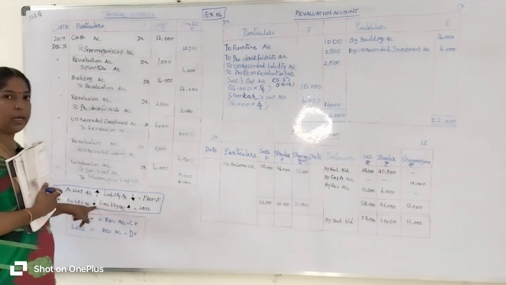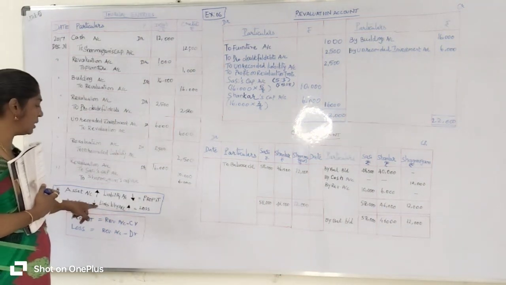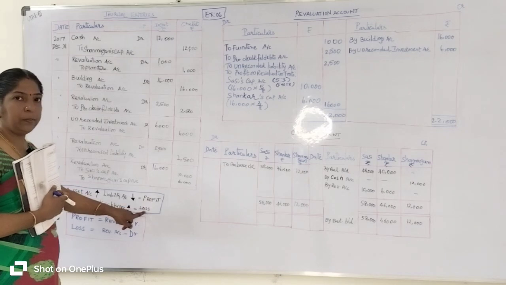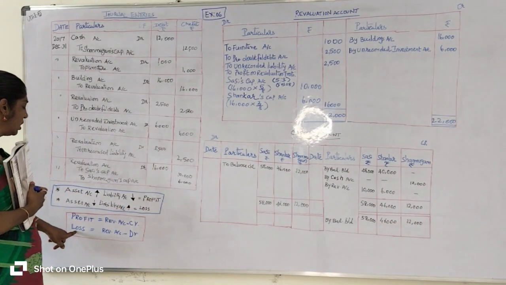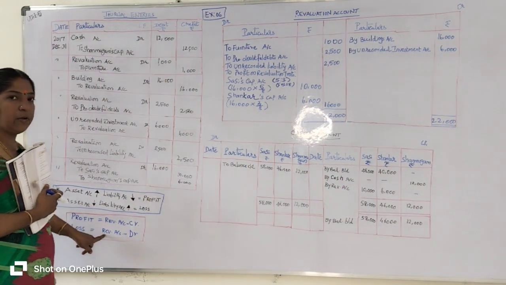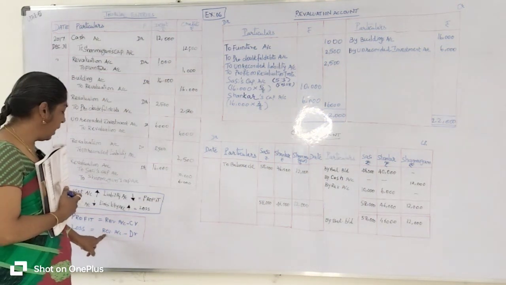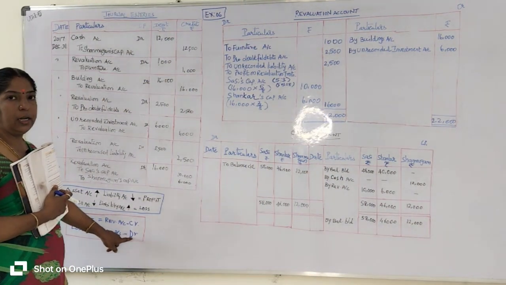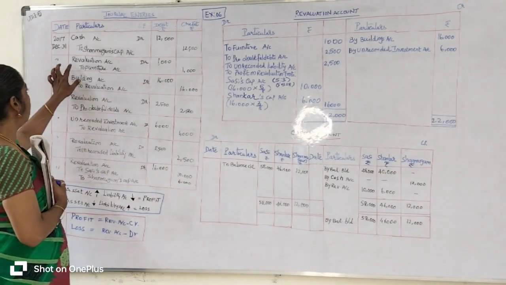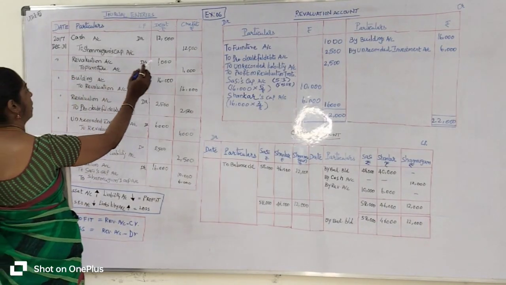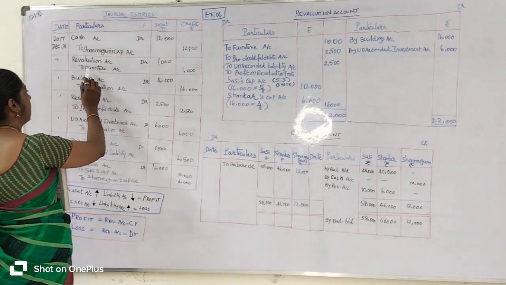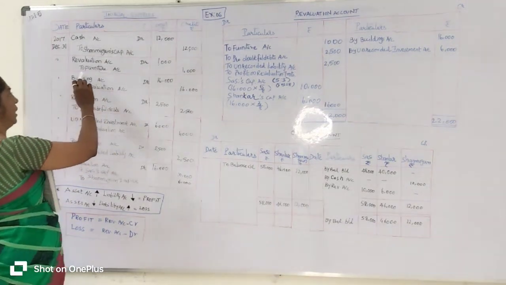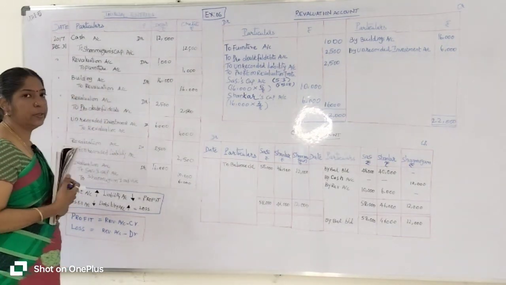If the asset account decreases, the firm's partners get a loss. If the partners get a loss, where does the revaluation account appear? The revaluation account appears on the debit side. So, revaluation account debit 1,000 rupees. Which account is to be credited? The concerned asset account is to be credited. So, to furniture account 1,000 rupees.